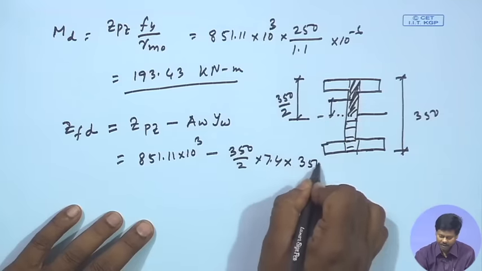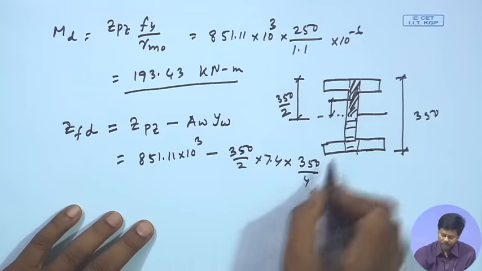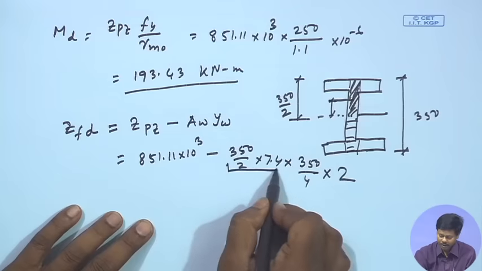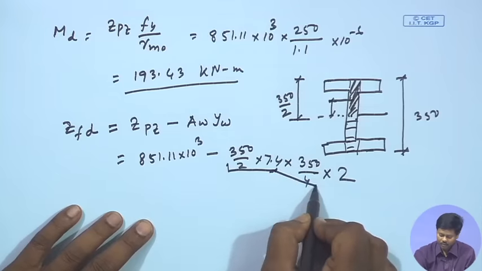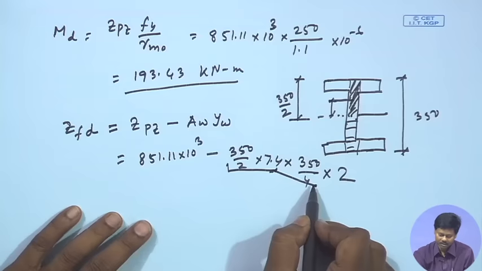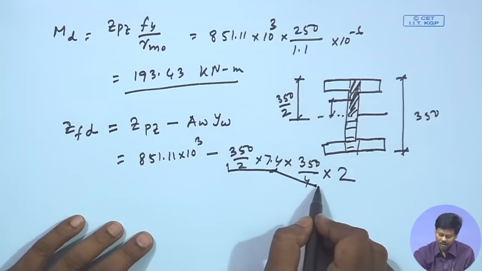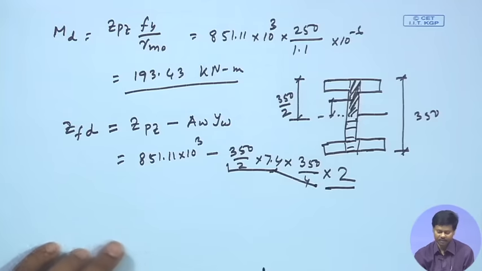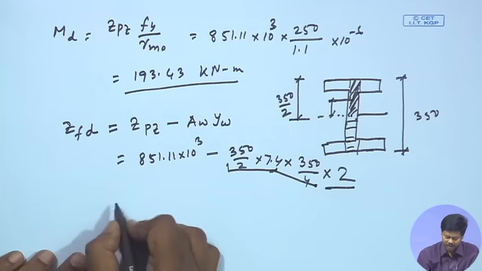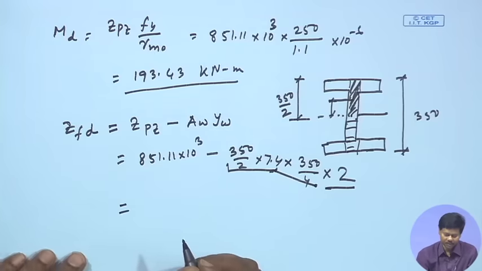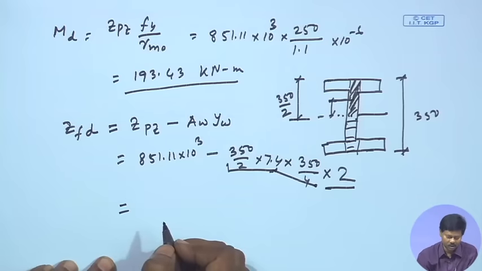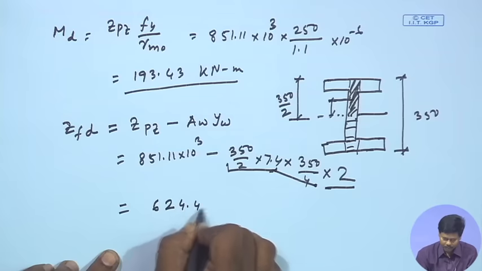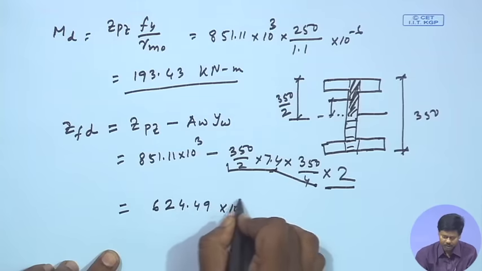So, Aw into Yw will be the plastic section modulus of the web on one side, and for 2 sides it will be multiplied by 2. So, Zfd, the section modulus of the cross sectional area excluding shear area, will become 624.49 × 10 to the 3 millimeter cube.